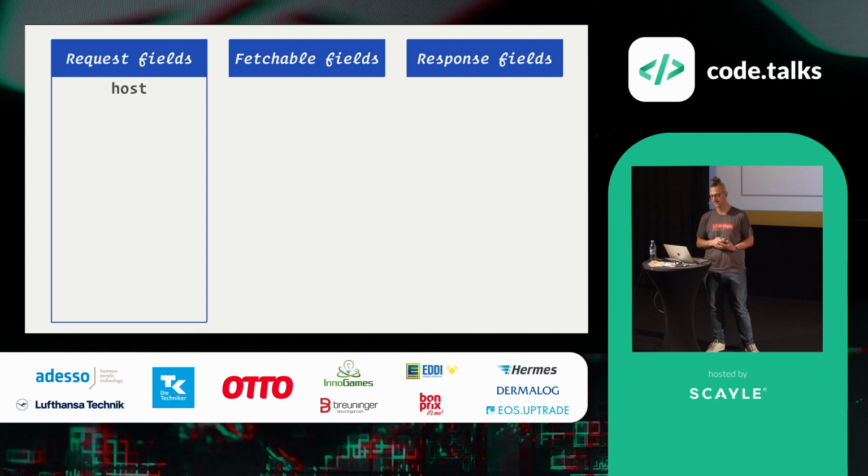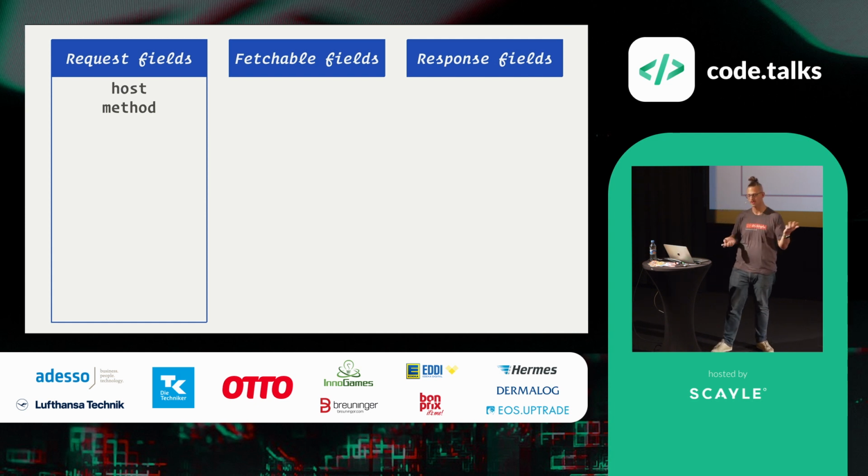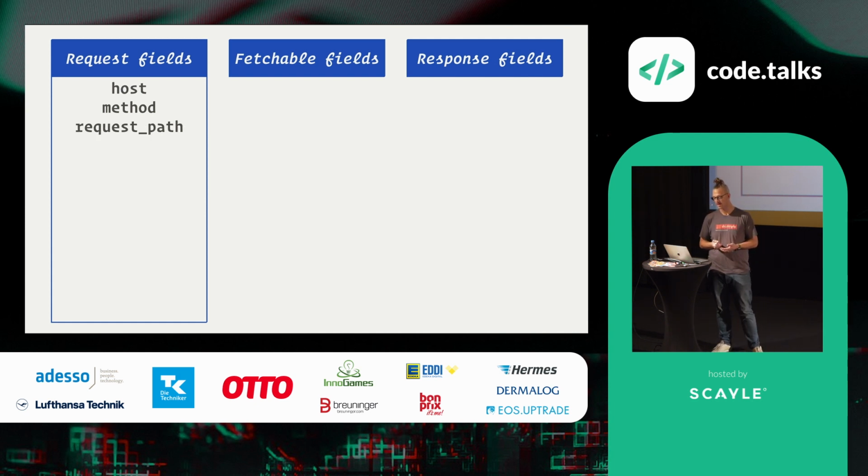So we start out with the request fields, where we have the obvious one, like the host. In our example from before, it would be www.example.com. There's the method, that's the HTTP verb: get, post, head, options, all of those. Then we have the request path, again from the status line. We have the port, the peer and the remote IP.